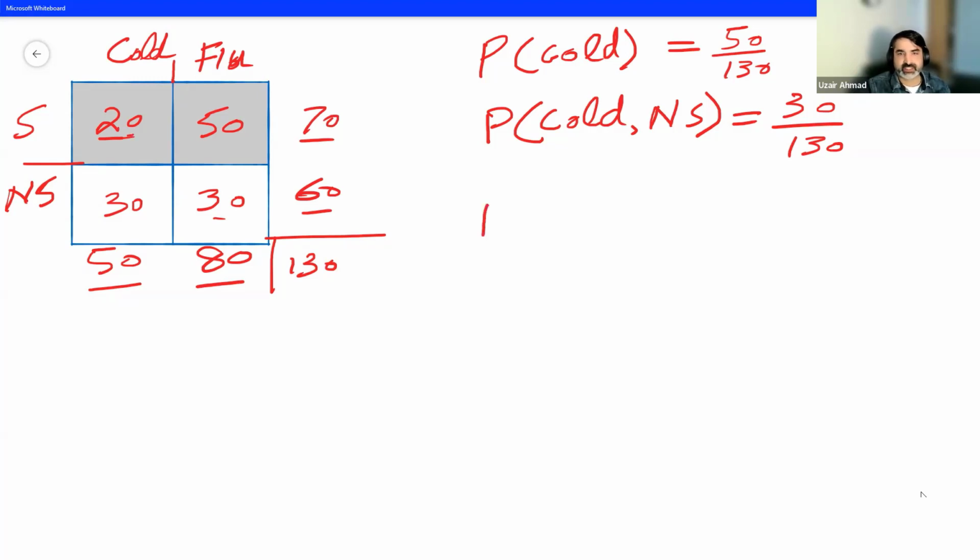What if we ask the probability that the person is not sneezing and the person has cold? For that, we will write it like this. Given that the person has cold, so this pipe sign represents the conditional information. Given that the person has cold, what is the probability the person is not sneezing?